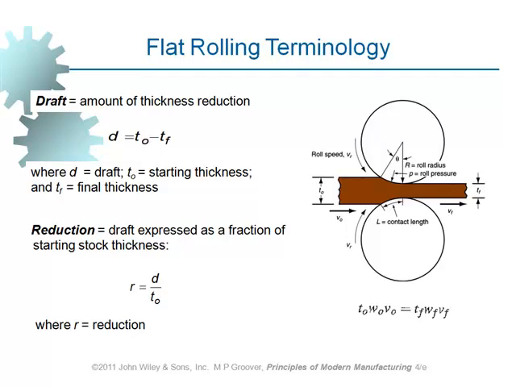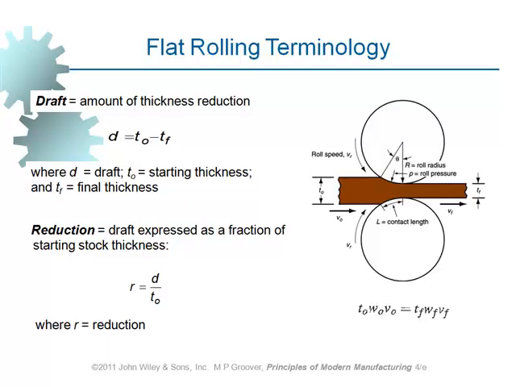And there is another speed, which is the speed of the roll, VR. And we've got also parameter L, capital L, which defines the contact length of the roll with the sheet metal.